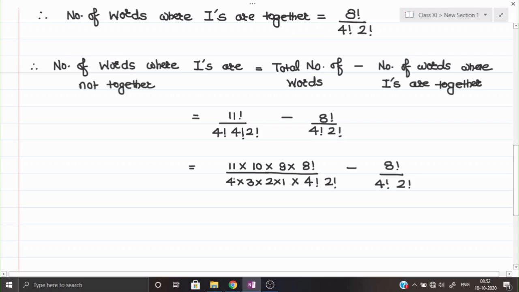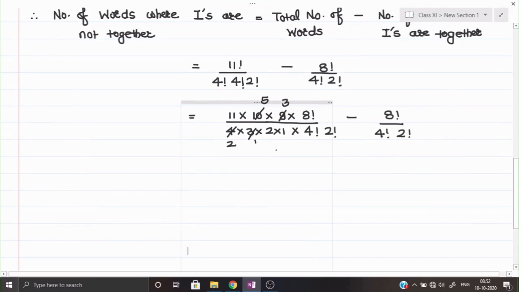Now here 4, 2 2s are 4, 2 5s are 10, that we can cancel. Again 3 1s are 3 and 3 3s are 9, we can cancel. Anything else we can cancel? No. So here one thing you observe, factorial 8, factorial 4 and factorial 2 is common.